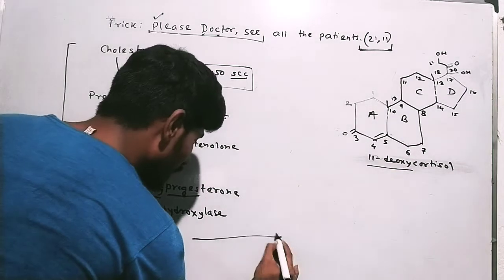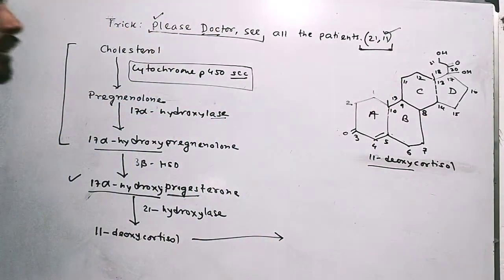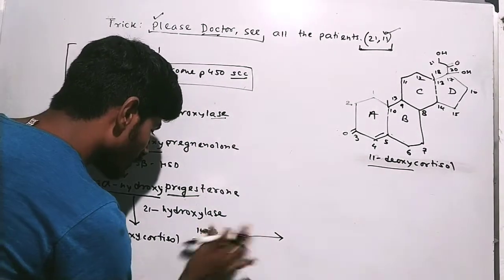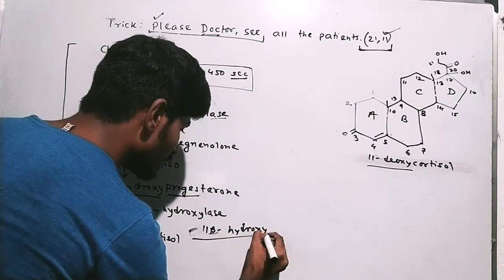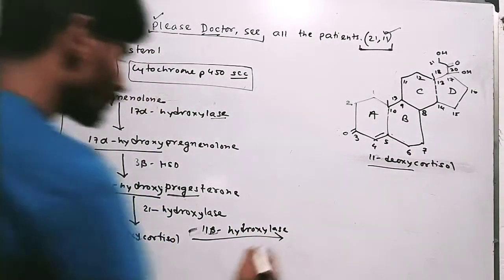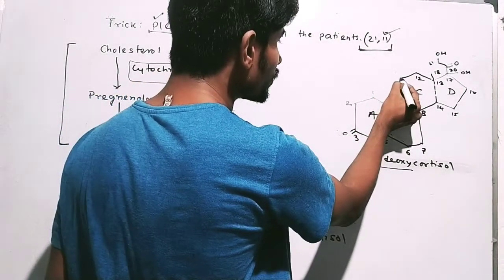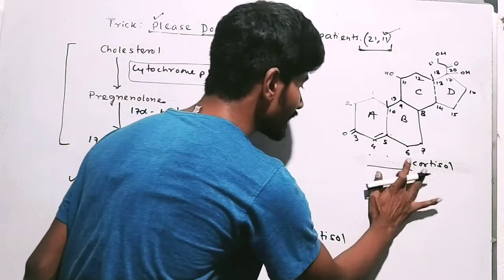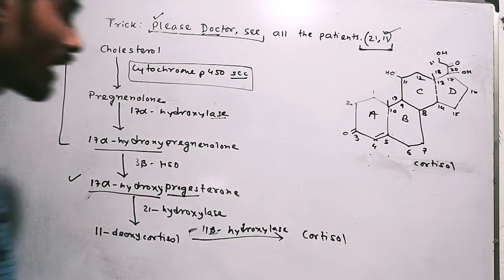From 11-deoxycortisol, the next enzyme is 11-beta-hydroxylase, which forms the cortisol molecule. It introduces a hydroxyl group at the 11th position, making it cortisol, not 11-deoxycortisol.